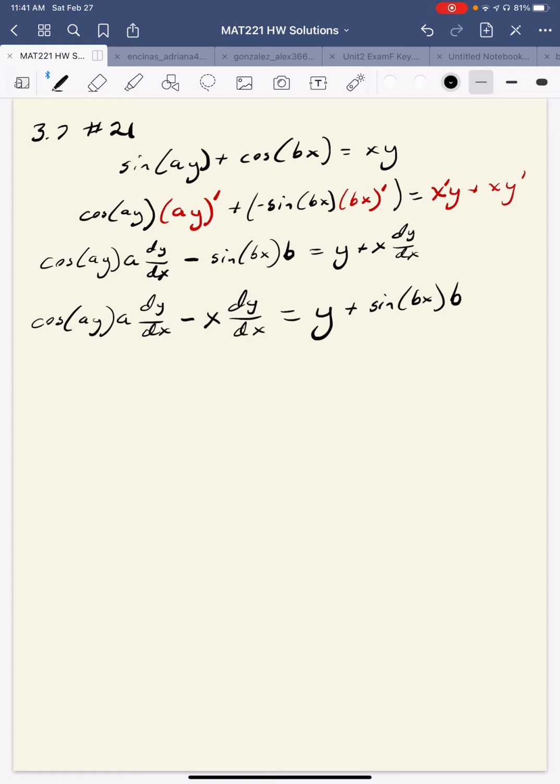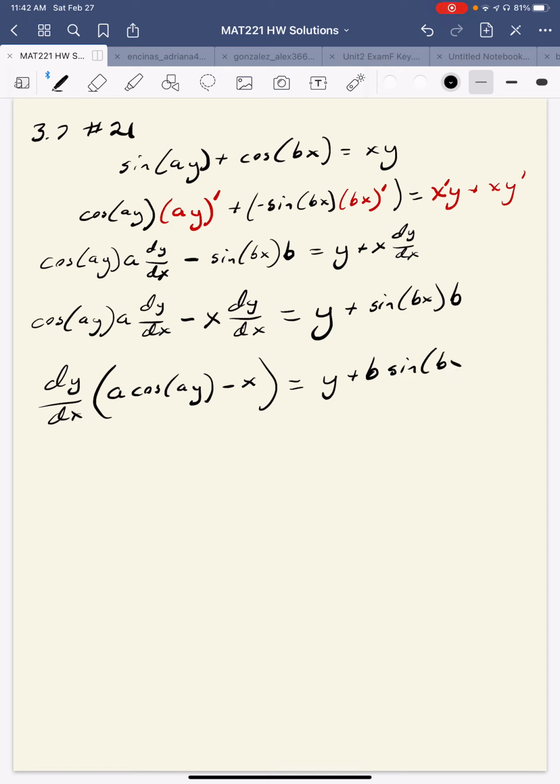Okay. Now I can factor out the dy/dx, the terms on the left, and that would give me dy/dx multiplied by, and I'm just going to change the order. Instead of saying cosine ay being multiplied by a, I'm going to put the a in the front because we usually put the constants in the front. So I say a cosine ay minus x equals y plus, and again here I'm going to move this b to the front, b sine bx.